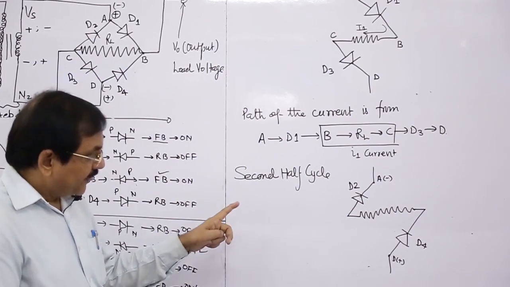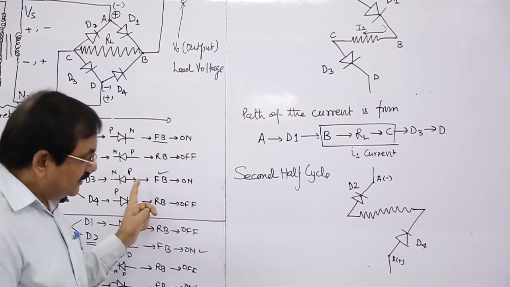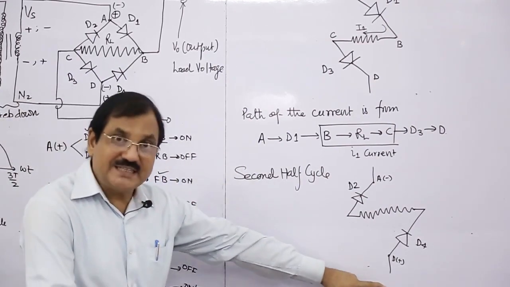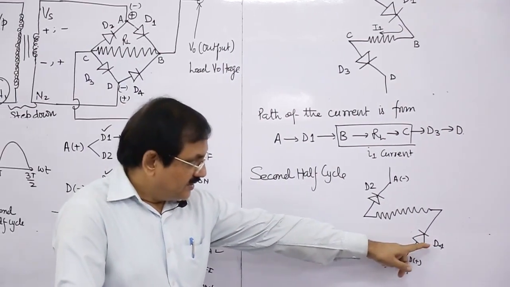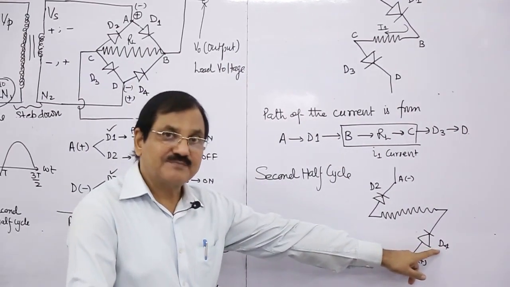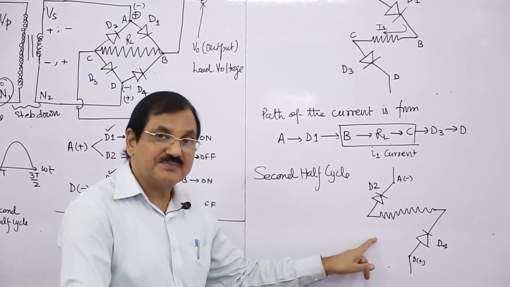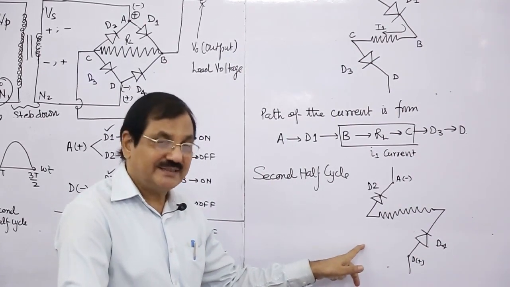So if D is at positive potential, D4 is forward bias, D3 will be reverse bias, so it is off in the circuit.